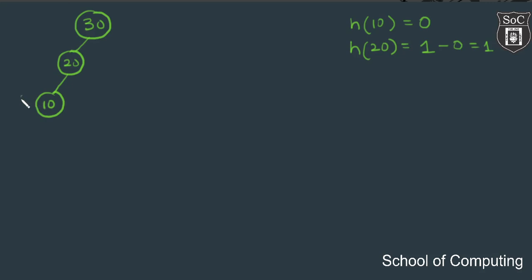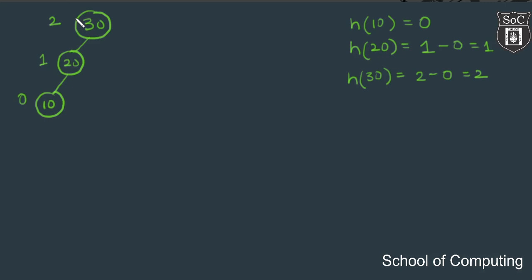Height at 10 is 0. Height at 20 is 1. And what is height at 30? Height at 30 is left minus right. Left side I have two edges, so it is 2, minus right side where I don't have anything. So the height at 30 is 2.